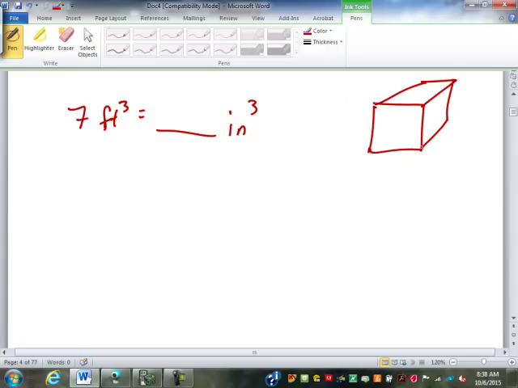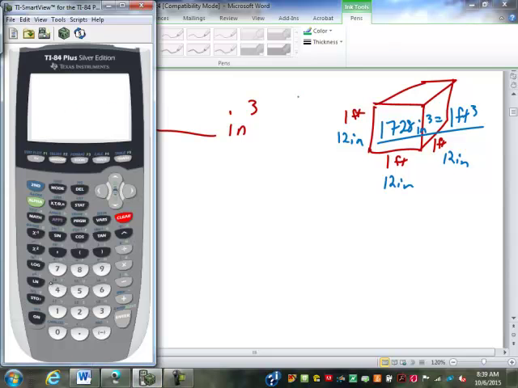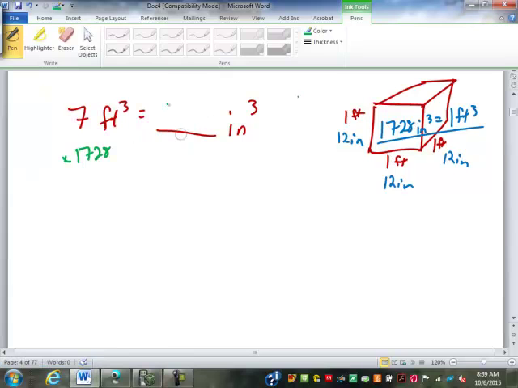Remember 1 foot by 1 foot by 1 foot, which is going to be 12 inches by 12 inches by 12 inches. 12 by 12 by 12 is 1,728 cubic inches in 1 cubic foot. So this is going to be 7 times 1728, which is 12,096 cubic inches.